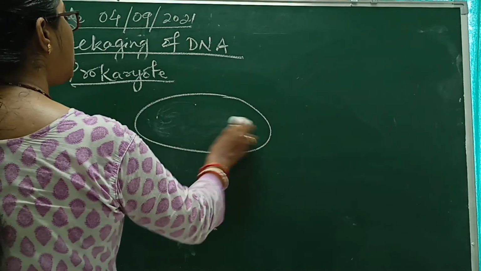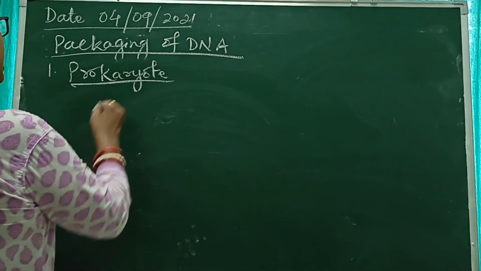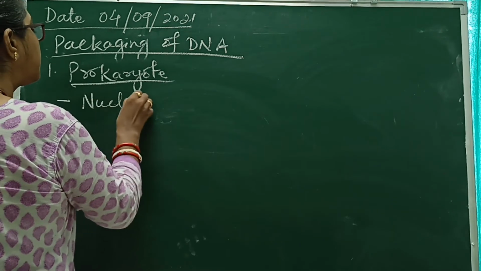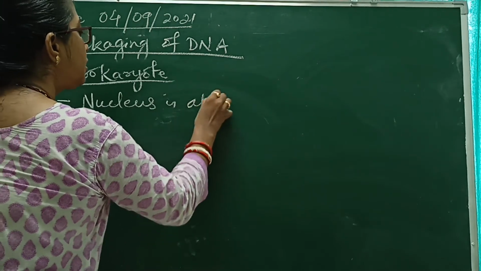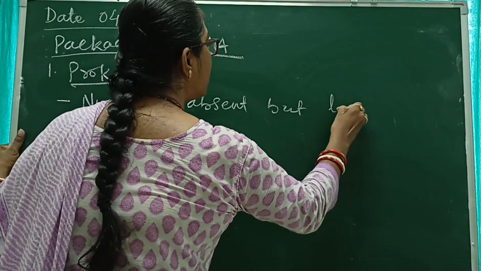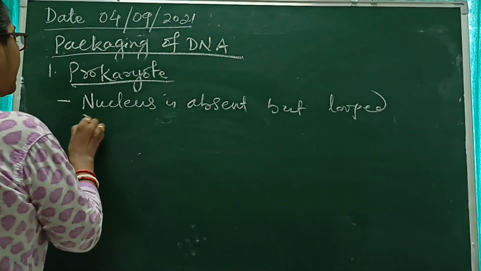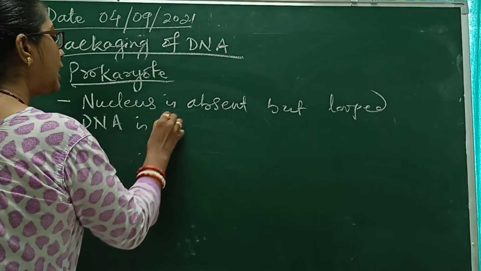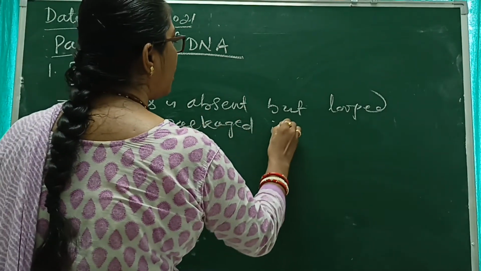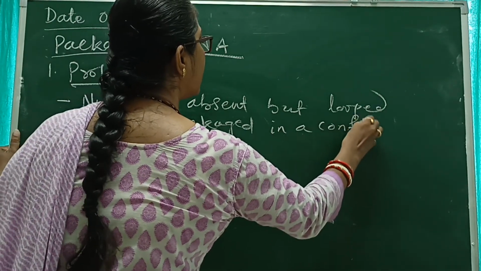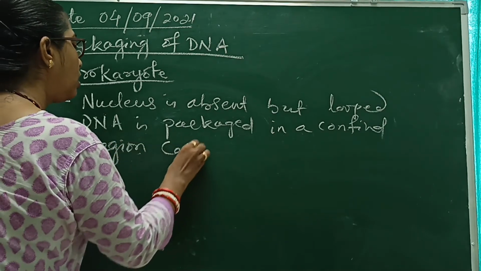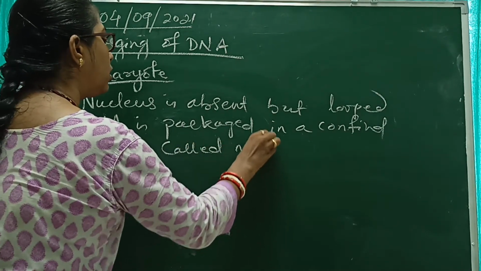Okay, so see children, in case of prokaryote, the nucleus is absent but the looped DNA is packaged in a confined region called nucleoid.